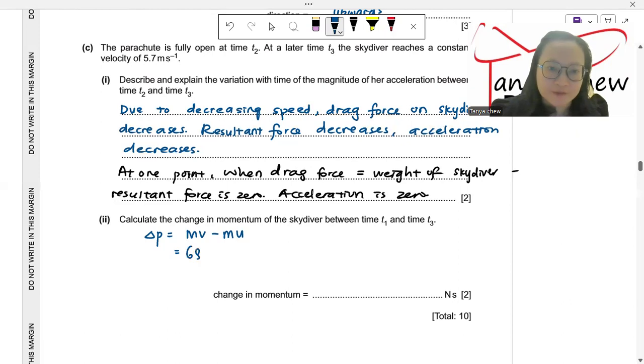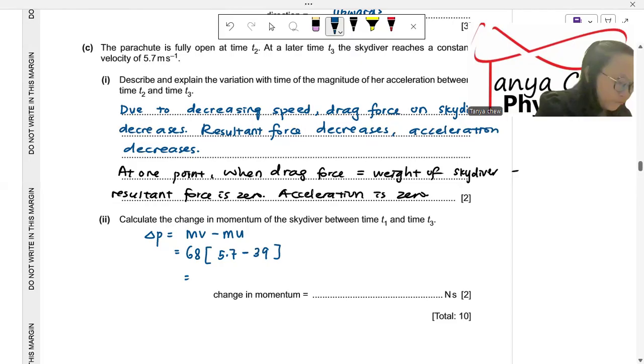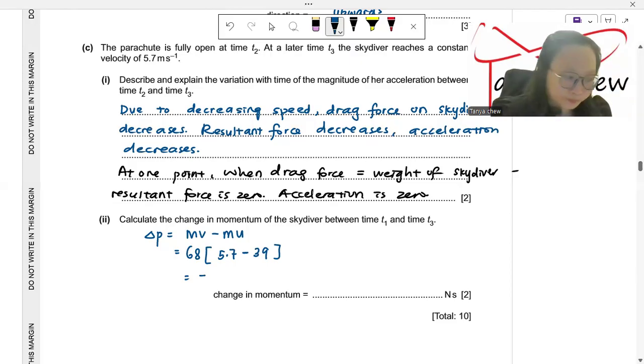So the mass of the skydiver is 68, v is 5.7, minus u is 39. Now, 5.7 minus 39 times 68. I got negative 2300 Newton second, rounded off. That negative represents the change. So when I fill in the blank, I just put 2300 Newton second.